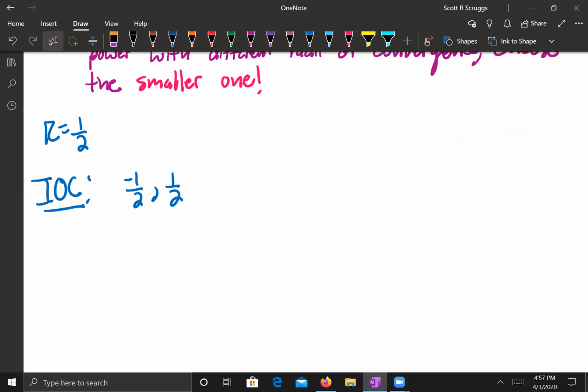All right, and now let's check if we have convergence at the endpoints.